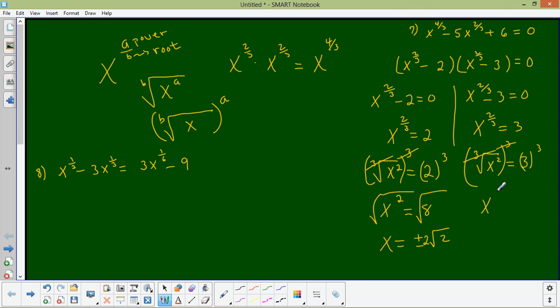We get x squared equals 27. Do a square root, and x is plus or minus square root 27, which gives us two answers. Gives us plus or minus 3 square root of 3.